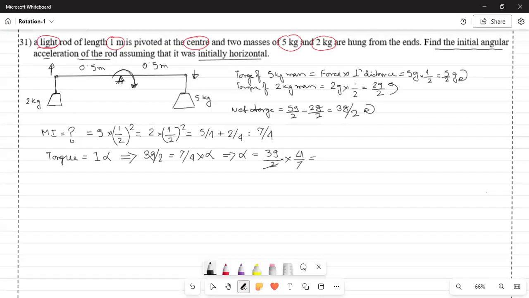So this is equal to 6 by 7 g. If you put the value of g as 9.8, let's write 6 by 7 into 9.8. You will find this value is 8.4 rad per second square. Since it is angular acceleration, it is 8.4 rad per second square. So this is the answer. The question was not at all difficult.